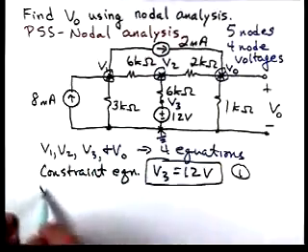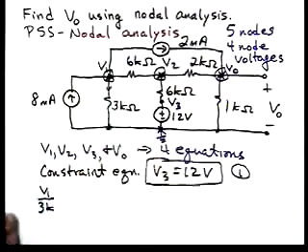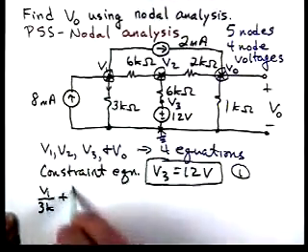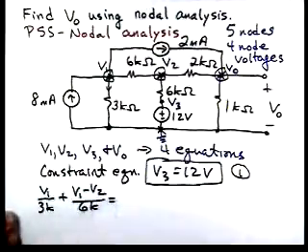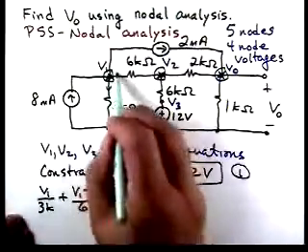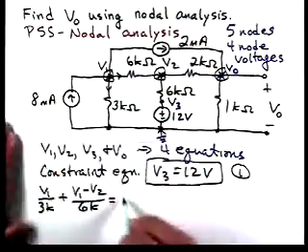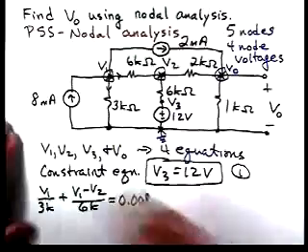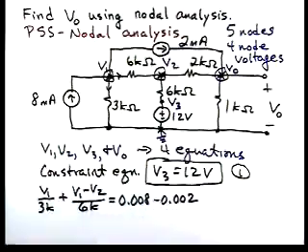So we have V1 over 3K. That's the current here. V1 minus V2 over 6K. Those 2 currents are leaving through resistances. Now if we look at currents entering from sources, we'll have 0.008 entering and then minus 0.002.